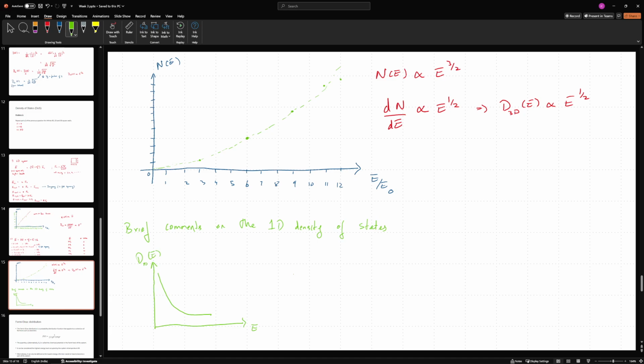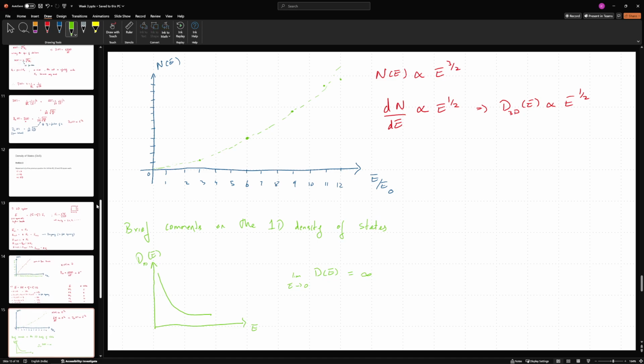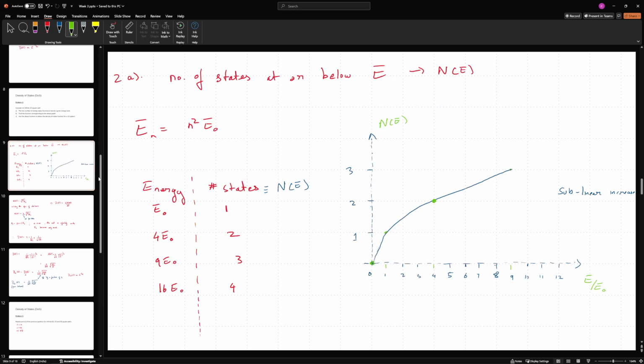So the limit of D of E as E tends to 0 is infinity. What does this mean? Why am I saying that the density of states is infinite? Does that mean there are infinitely many energy states near zero energy? But when I plot this graph, I clearly mention that near zero energies I have no states.